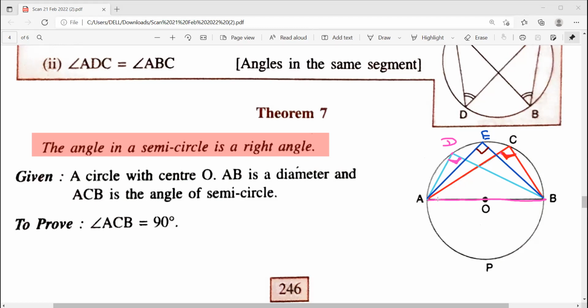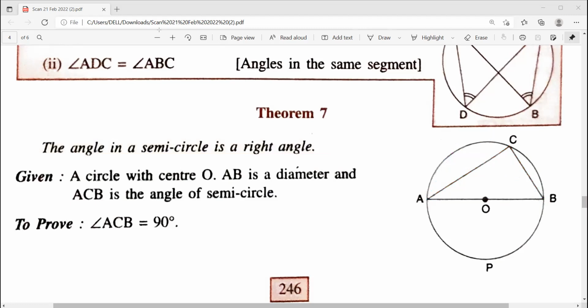You can check. All these angles are subtended from A here and from B here, so the angle which you are getting is made by the diameter. I hope you understood. So remember that angle in a semicircle is a right angle.